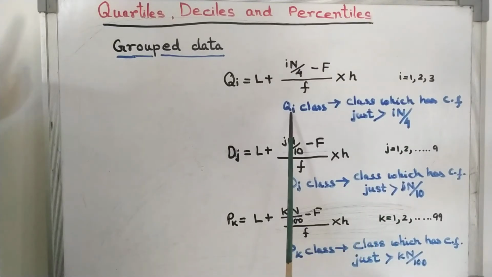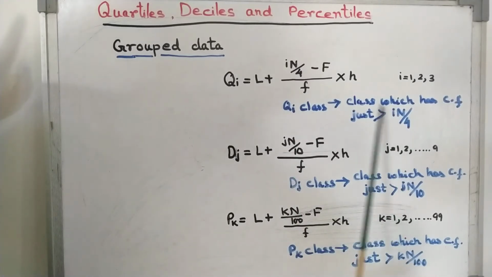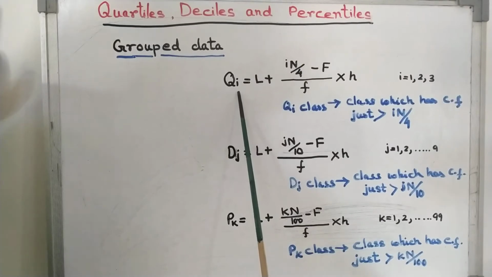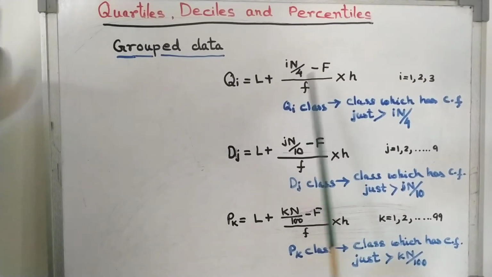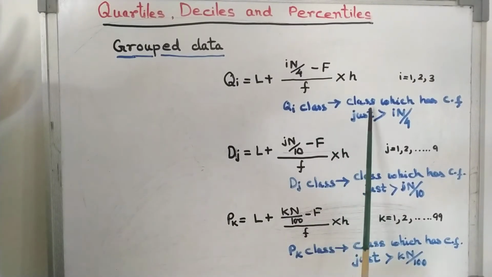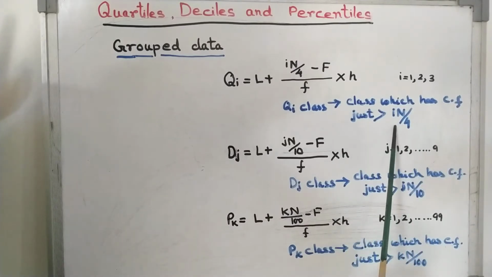If the quartile value is 1, here it will be 1. If it is 2, here it will be 2. Accordingly you find this value first, and from this you get the specific quartile class, which is the class which has cumulative frequency just greater than i n by 4.